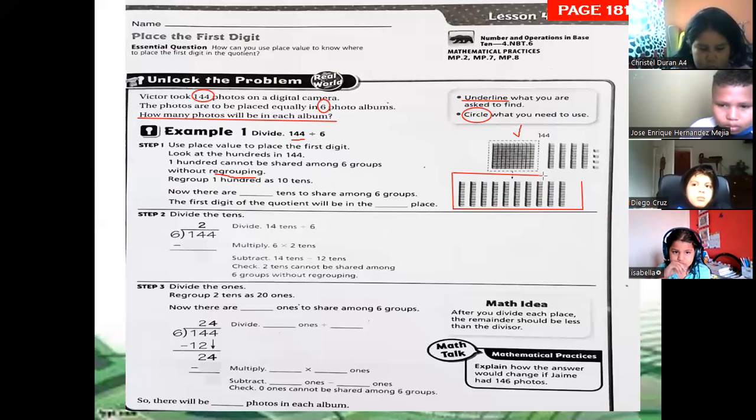In total, including all the tens. The 100 was regrouped into 10 tens. But the total number of photos is 144. If I have only 10 tens, it means I have only 100. Just 100 photos?